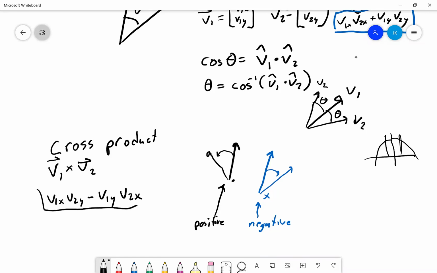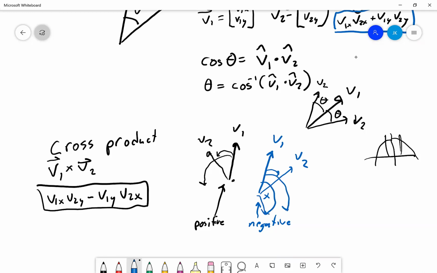Okay, that is the definition of the cross product. If it's positive, it means that the new vector is in some left-hand turn from where I am. And if it's negative, it means it's some direction that goes around to the right, all the way back to 180 degrees.